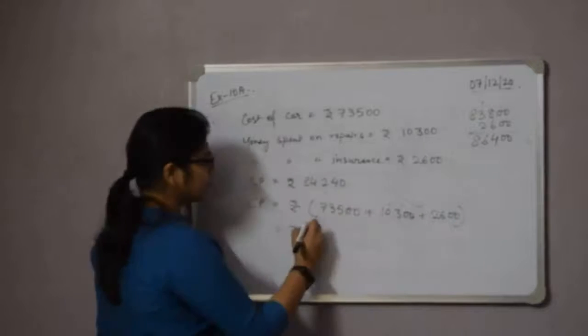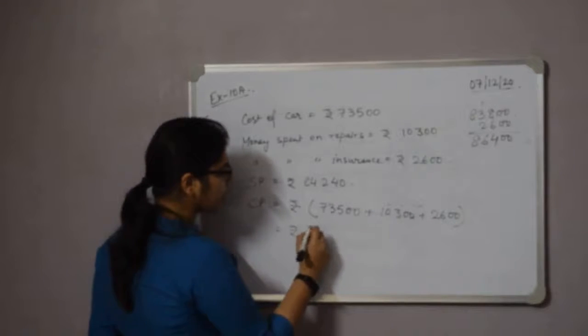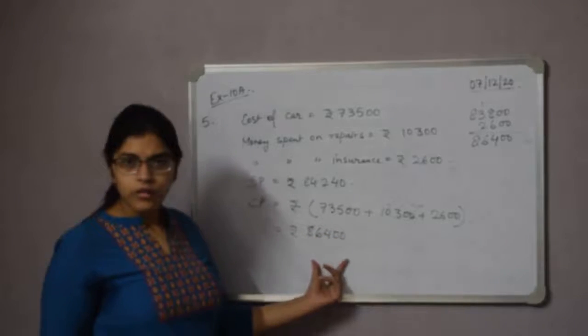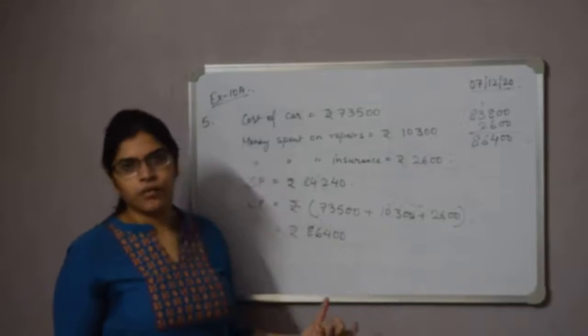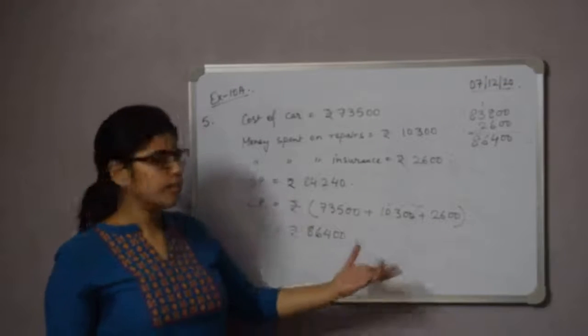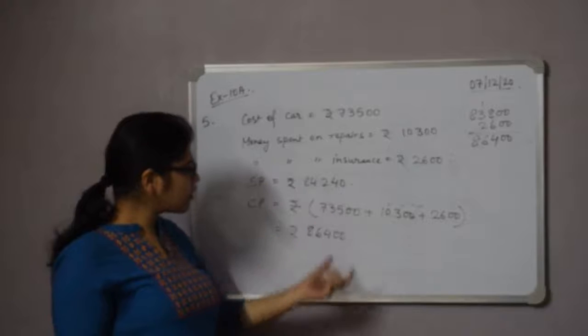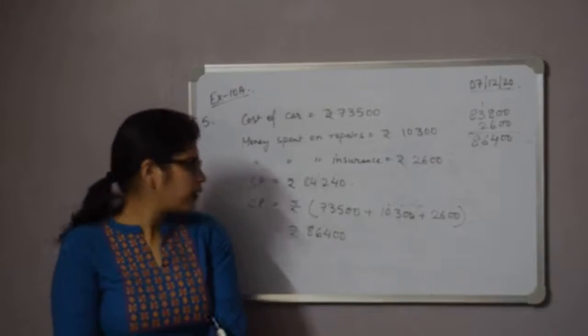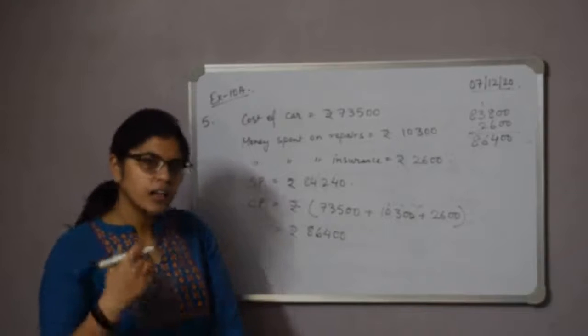So his total money he has spent is 86400. So that becomes his cost price now. So what has he done? He has done a loss, because he had sold at 84,000 something and his cost price was 86,400. So he has done a loss.